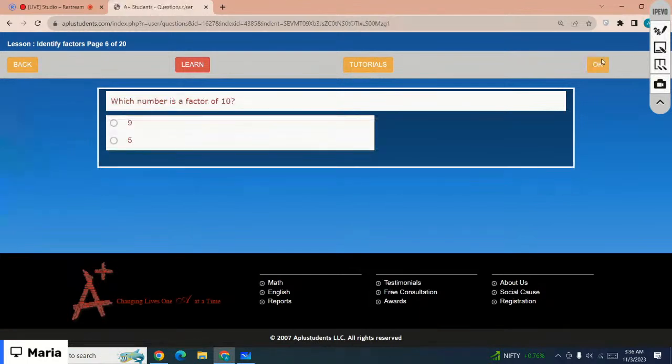Got it? Okay. Which number is a factor of 10? Which is the correct option? The factor of 10 is 5. The correct option is 5.